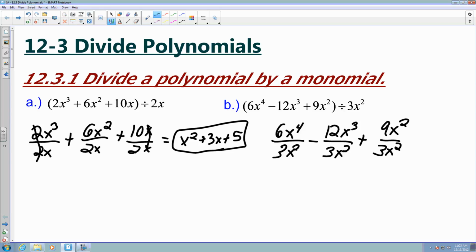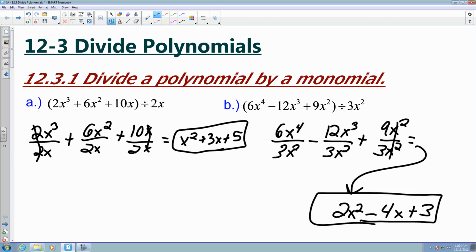So simplify this out. 6 divided by 3 equals 2, and then it's x squared, minus 12 divided by 3 is 4, and x cubed divided by x squared is just x, plus 9 divided by 3 is 3, and x squared divided by x squared is just 1, so those cancel. So you're left with x squared minus 4x plus 3.